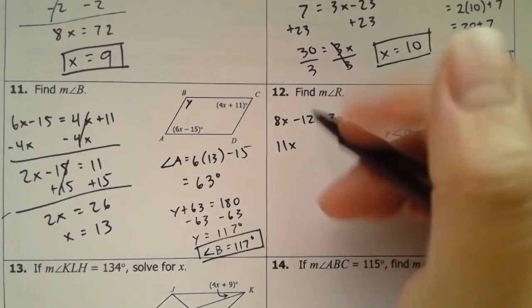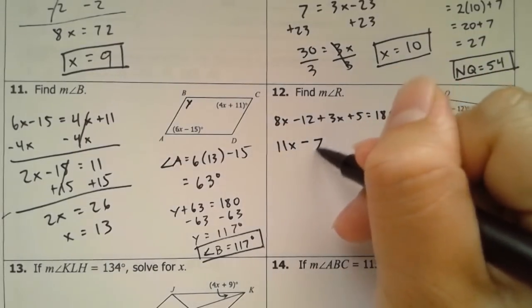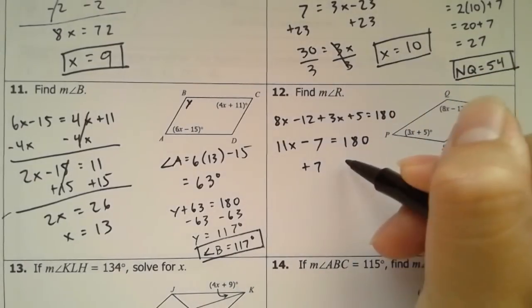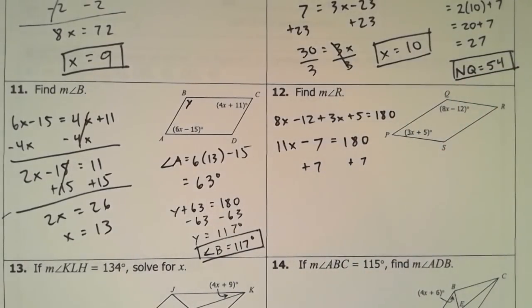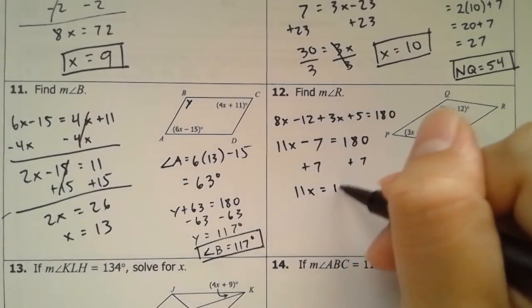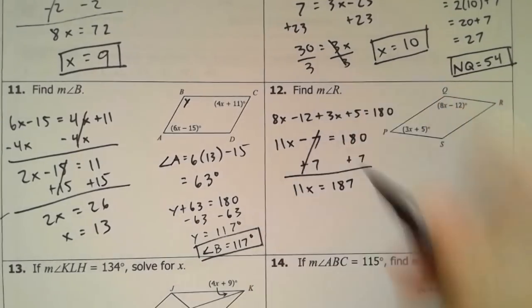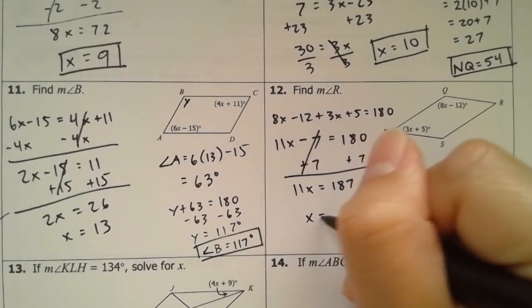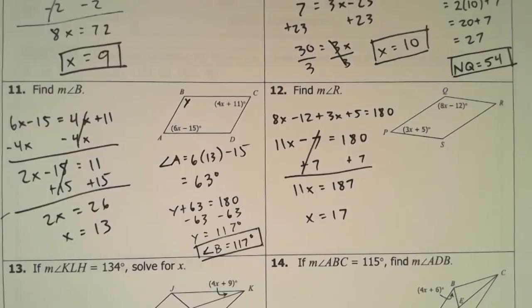Negative 12 plus 5, I get negative 7. That's equal to 180. Add 7 to both sides. I get 11x is equal to 187. Then I divide by 11, and I get x is equal to 17.